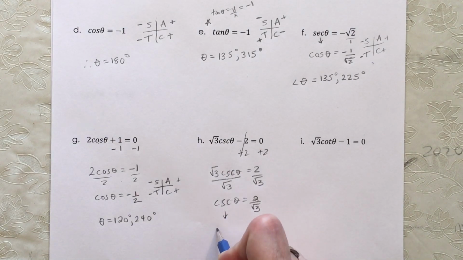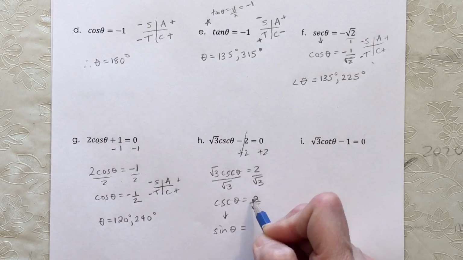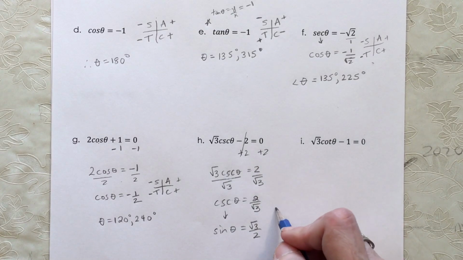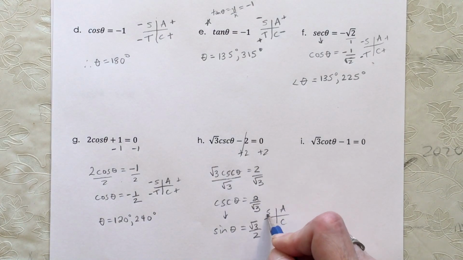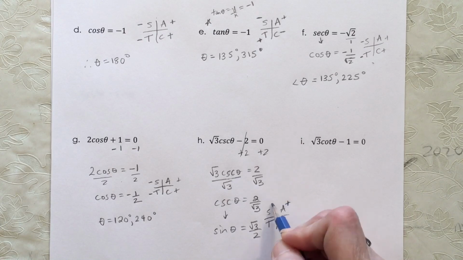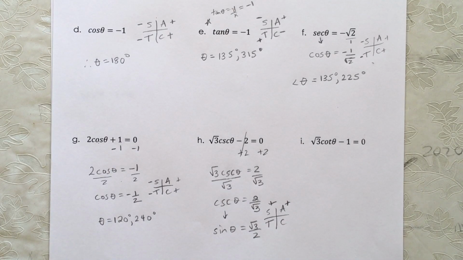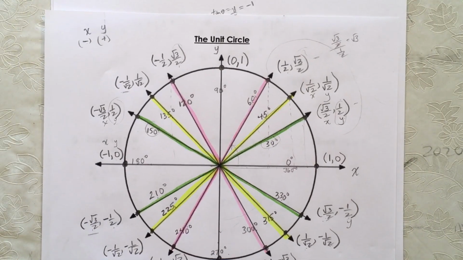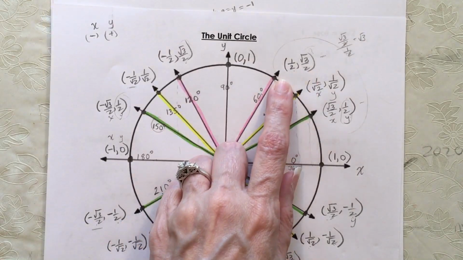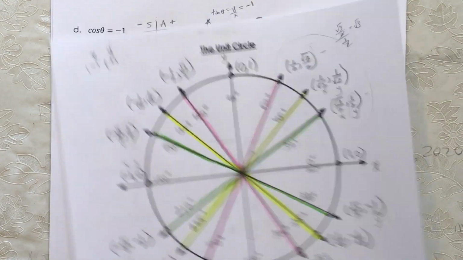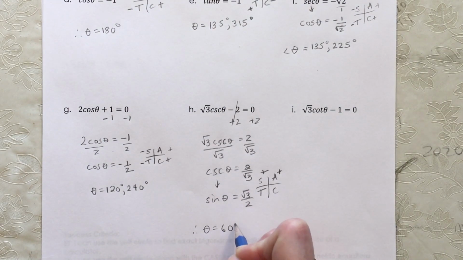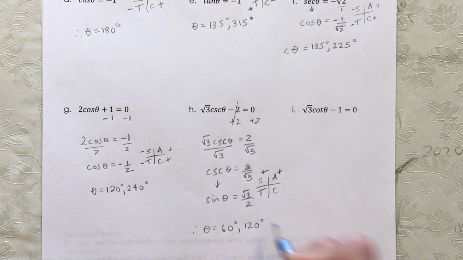So if we change cosecant to sine, we flip 2 over √3 upside down, and it becomes √3 over 2. And it's positive, so we want to know where is sine positive, first and second quadrant. Sine is the y value, √3 over 2. So that's going to be at 60 and 120. The y value is √3 over 2. So therefore, theta is 60 degrees or 120 degrees.